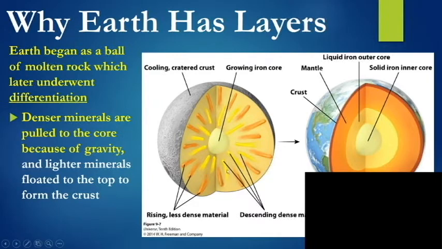Differentiation, difference. It goes from being homogeneous, the same everywhere, and over very long periods of time, the Earth differentiates itself into layers, with the lightest, least dense things at the top, essentially floating at the top, and the core being the most dense.